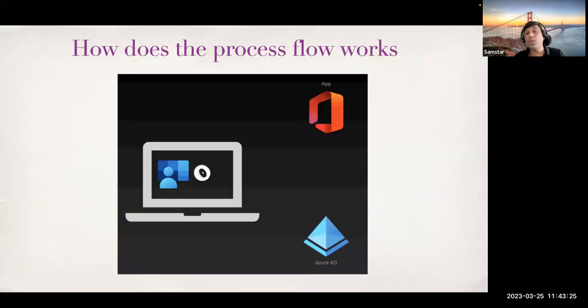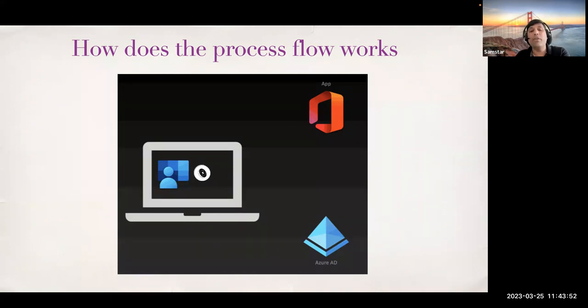Now that I showed you how seamless access works, let me tell you the process flow. In this screenshot, you see an Office 365 application, a Mac with the Company Portal application with a PRT icon, and Azure AD. To simulate the process flow, one of the applications is trying to access, that means it's trying to authenticate.